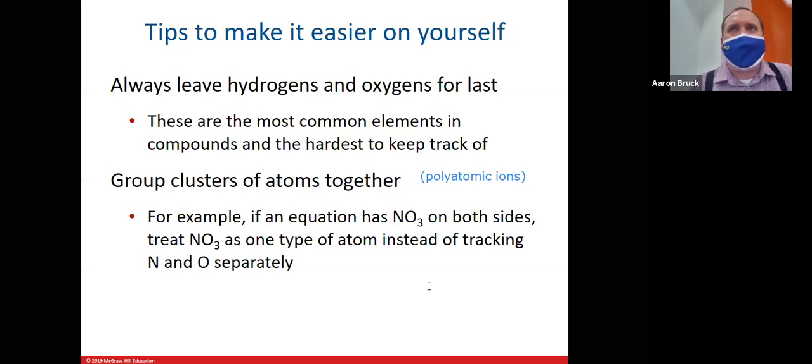So if you notice that you've got nitrate ion on the reactant side and nitrate ion on the product side, keep them together as a cluster. Track the number of NO3s as opposed to the number of nitrogens and the number of oxygens.